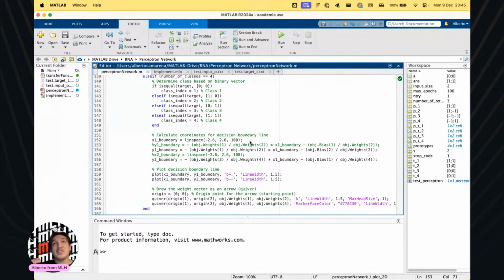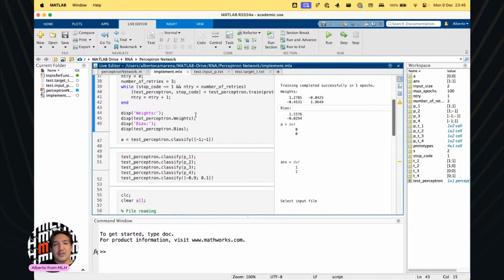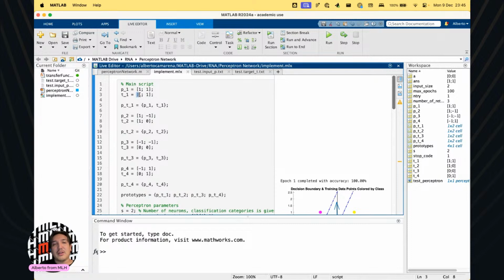So for the first neuron, the first element of the classification, you have a bias value. The bias is going to be a column vector, and the weight matrix in this case is going to be 2 2.